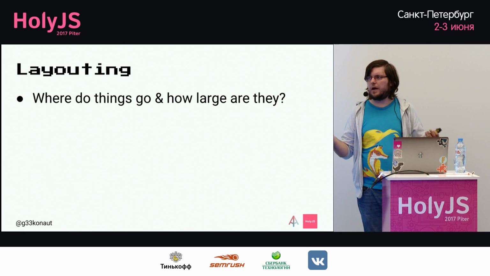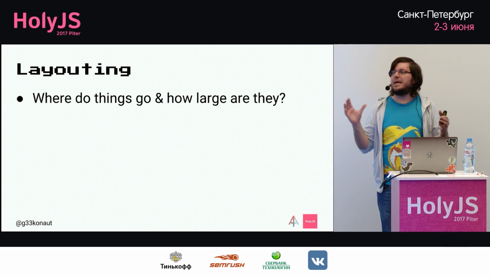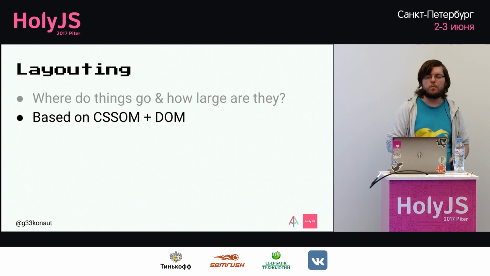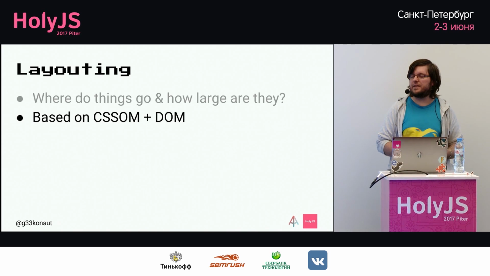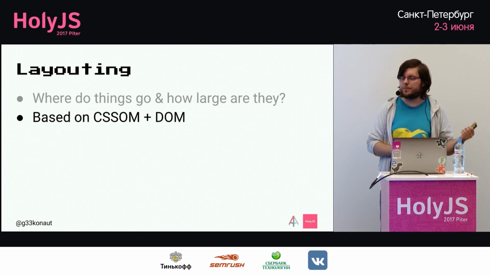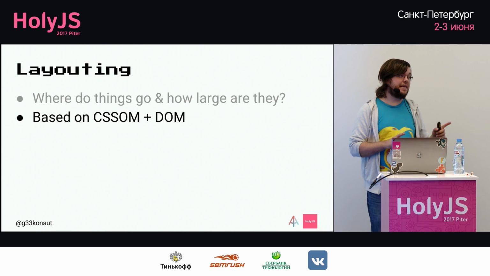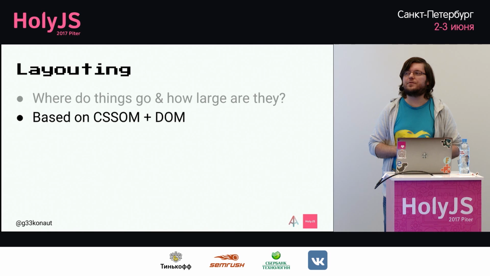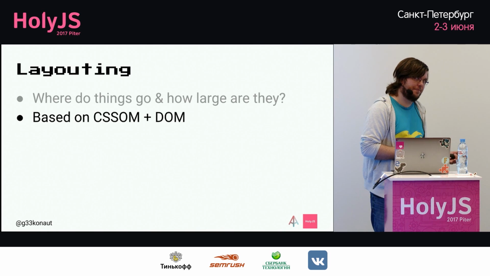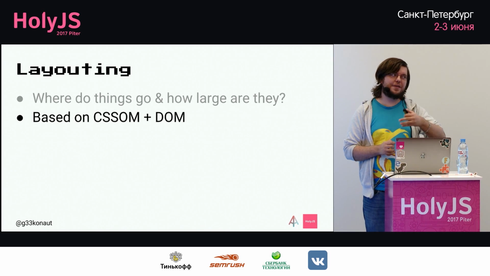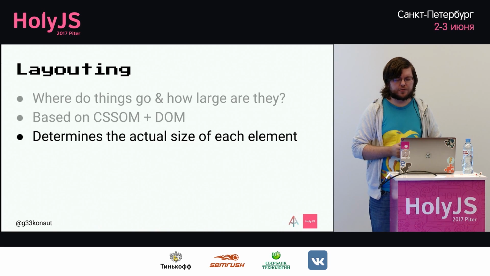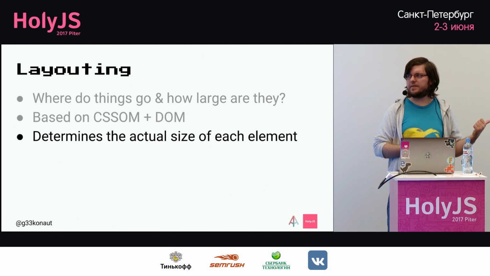So basically we're figuring out how our page looks in terms of layout, not in terms of content, right? Okay. We do this based on CSS and the document object model. That means whenever you're changing that significantly with JavaScript, you have to redo this. And depending on where in the source you're putting your things, that might be more or less effort. Also, we are figuring out how large things are at this stage.